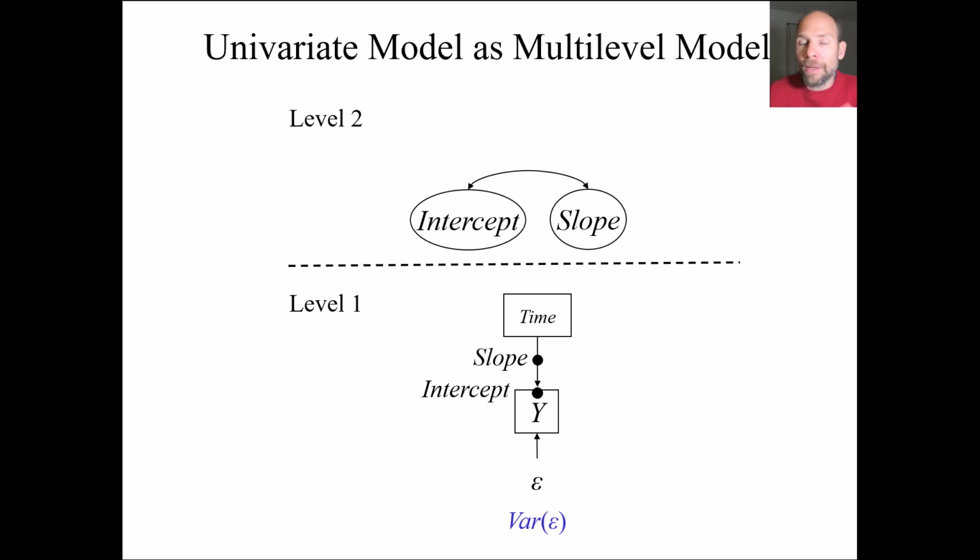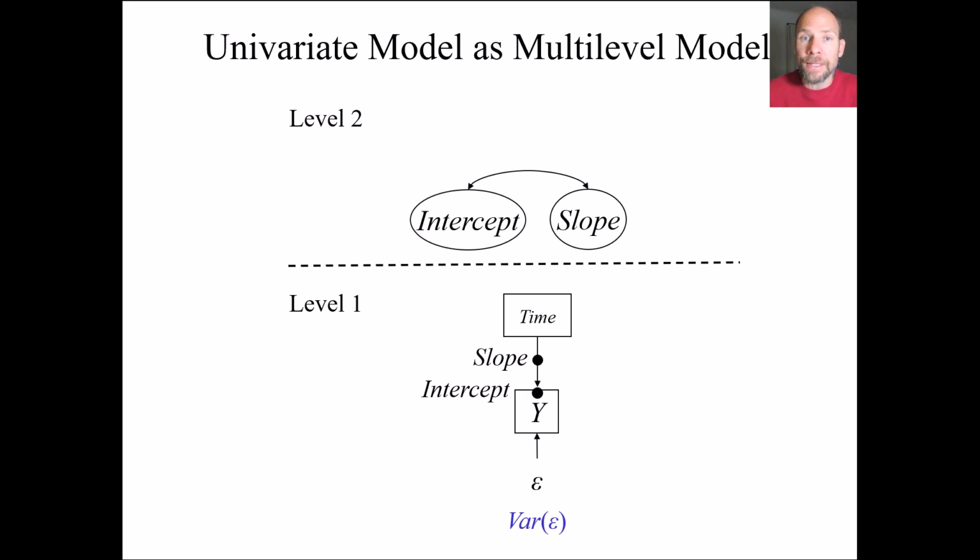So there's only one parameter, and so that implies that the variance of epsilon is constant across time, which is not the case when you estimate this model in the confirmatory factor analysis framework, where we typically would estimate a separate error variance for each time point.